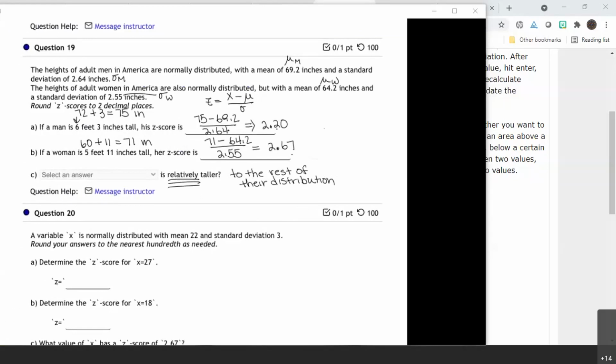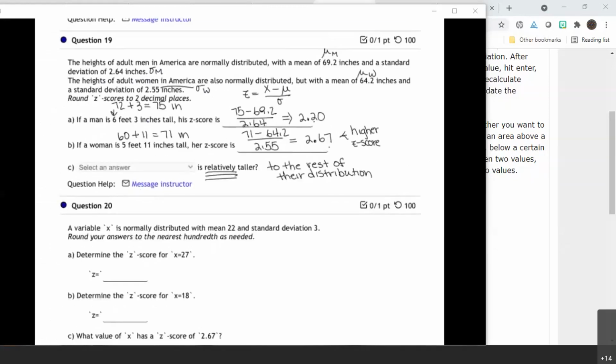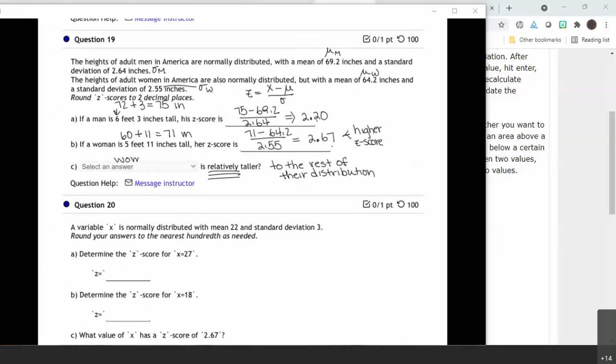The answer is she's exceptionally tall for a woman because her z-score is higher. Compared to the distribution of women's heights, she's further from the mean. So your answer would be the woman. Please realize this is a randomly generated question. It won't always be the woman, so make sure to actually do the calculations and see who has the higher z-score.